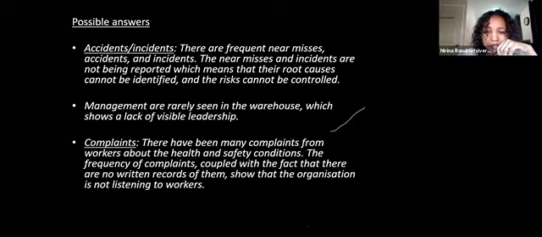What else? The complaints are not written, they are not recorded. That's also another indicator. And then finally, the organization is not listening to the workers. That is also another indicator. So actually we had 3 indicators in this one short paragraph. It was just combined. So you can also do that.